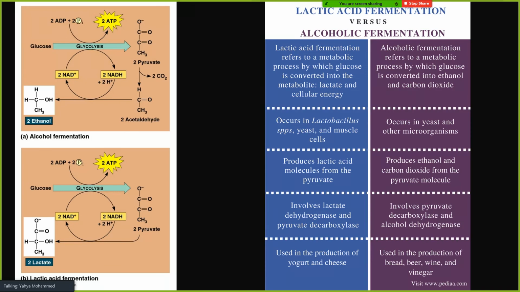So in the human body, let's suppose you're exercising really fast. In the muscle cells, you're going to have lactic acid fermentation, not alcoholic fermentation. So other things have alcoholic fermentation, but in human beings and animals, it's just lactic acid fermentation. That's why your muscles sometimes burn if you're running too fast.